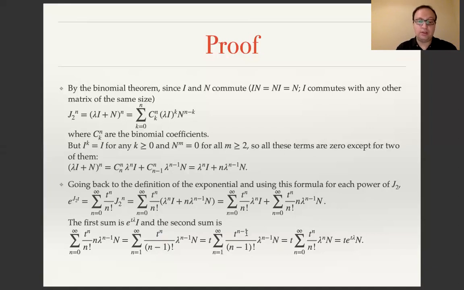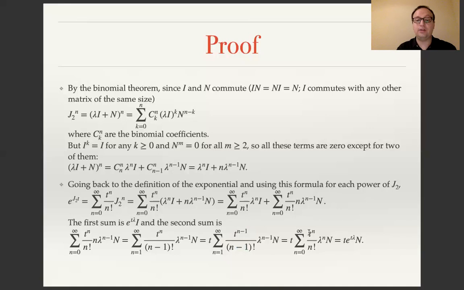And if we make a change of notation, so we denote this n minus 1 by n, then we have the sum from n going from 0 to infinity now, because n minus 1 goes from 0 to infinity if n goes from 1 to infinity. Okay, and then we replace n minus 1 by n everywhere.